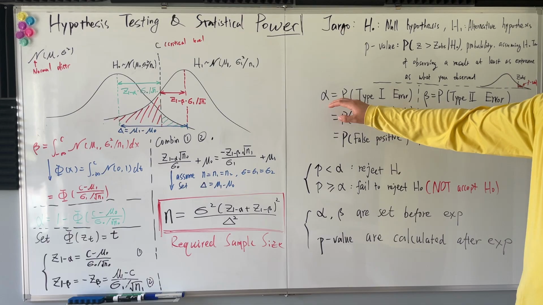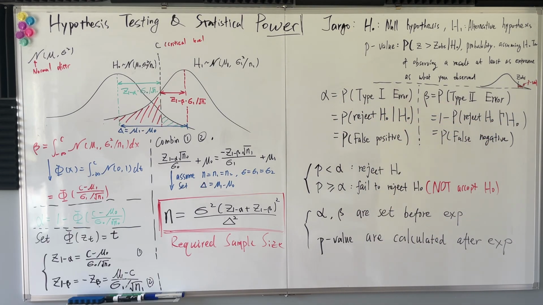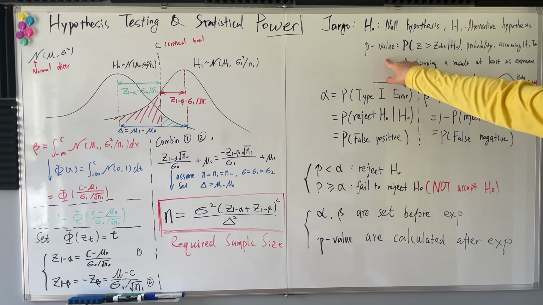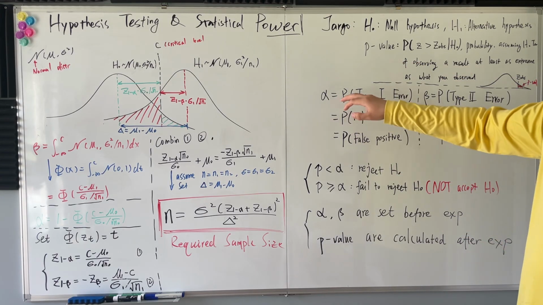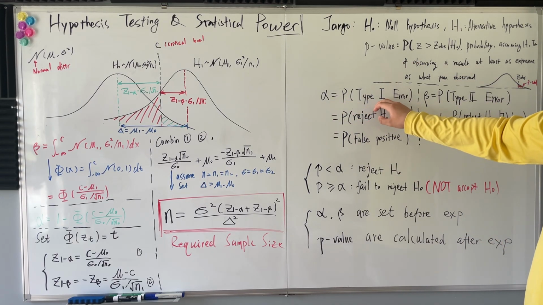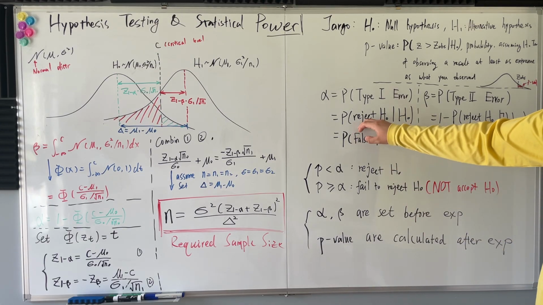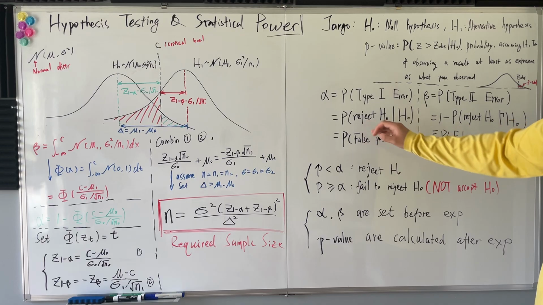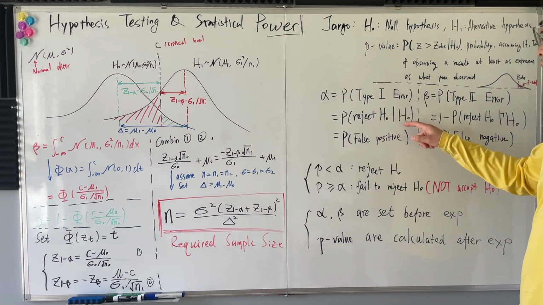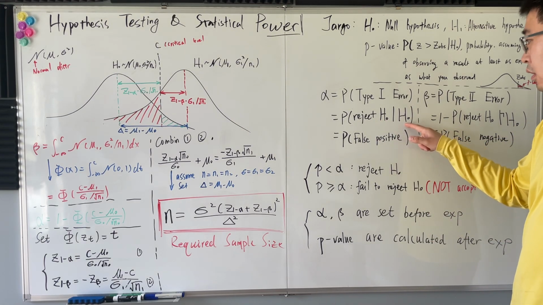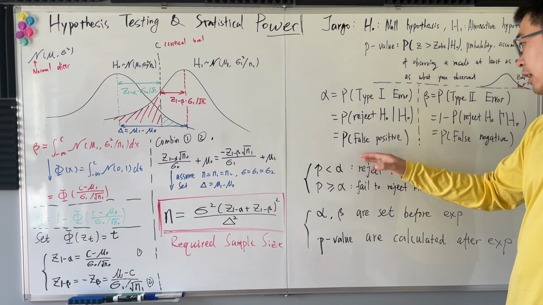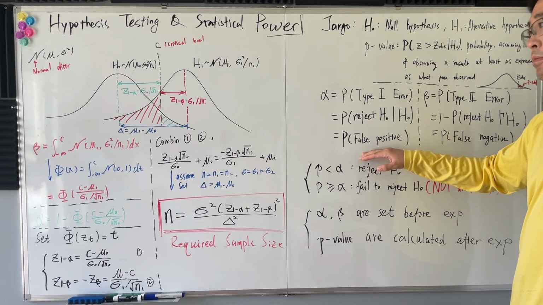So for alpha, there are two parameters that are determined beforehand. The p-value you calculate after the experiment; I'll talk about that later. Alpha is the probability of a type 1 error, in other words, rejecting H naught when H naught is true, or just the probability of a false positive.